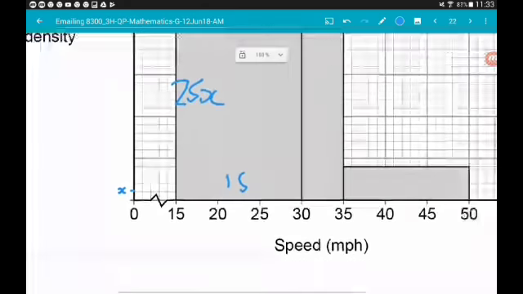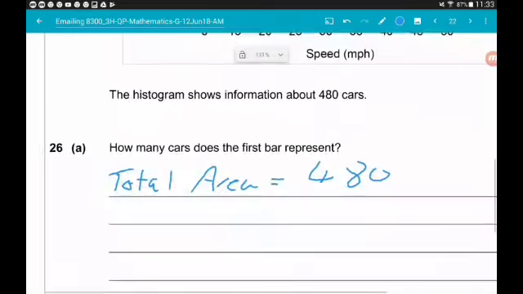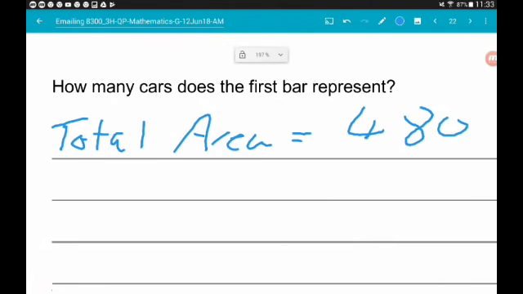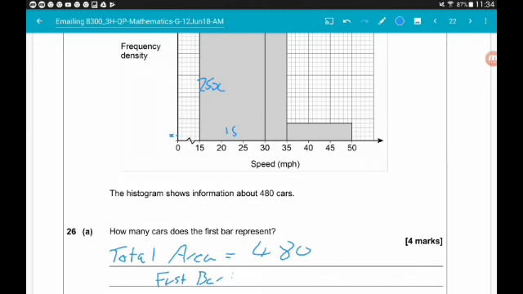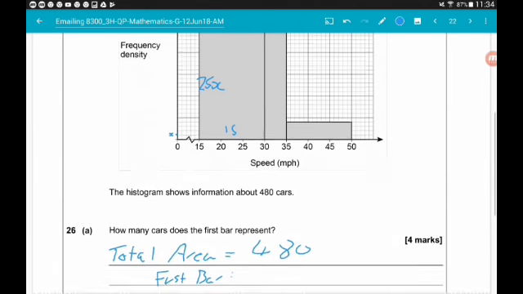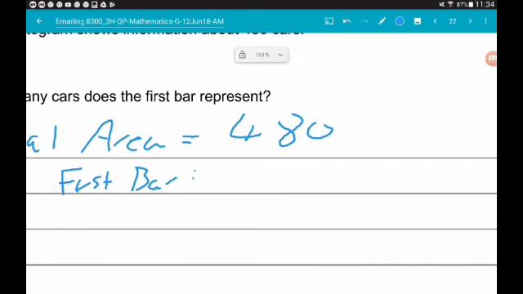So for the first bar, we get an area of 15 times 25x. So 15 times 25 is 375x.